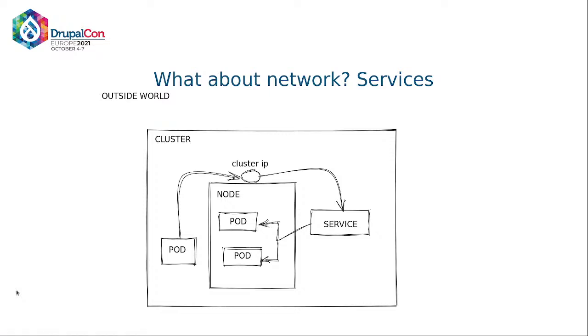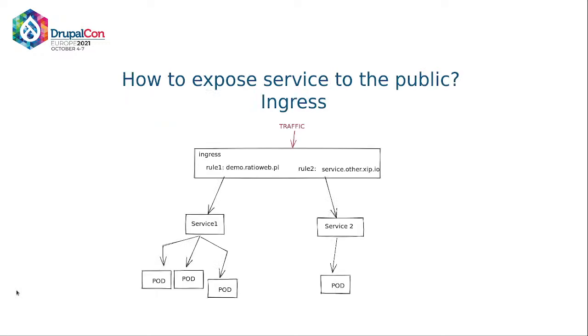The ClusterIP services I created are like private networking, but we need something that exposes the service over the web. And for that, I will use something called ingress. Ingress is a set of rules that allow us to redirect all requests to demo.ratio.web.pl to a selected service.